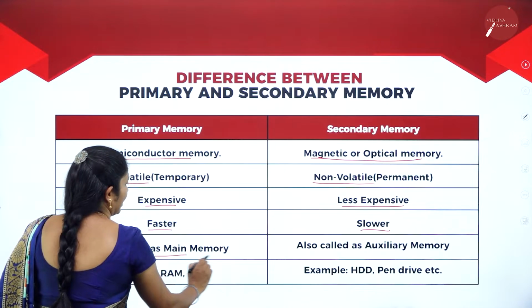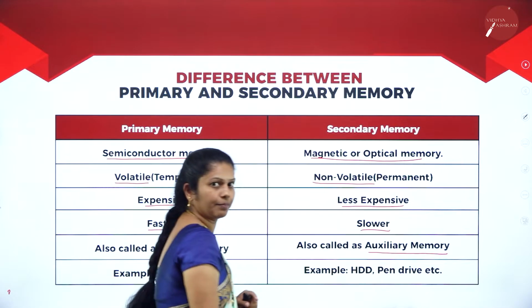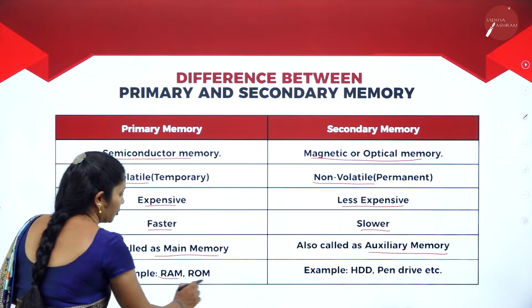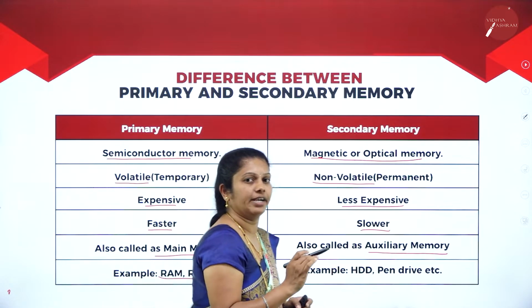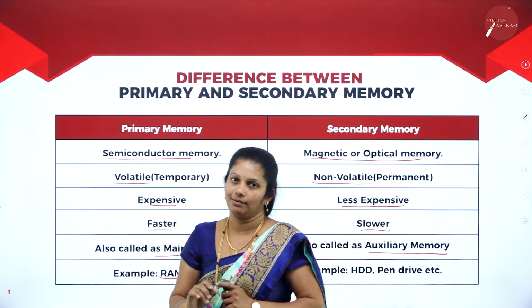Primary memory is also called main memory, and secondary memory is also called auxiliary memory. RAM and ROM are examples of primary memory. Hard disk, floppy disk and pen drive are examples of secondary memory storage devices.